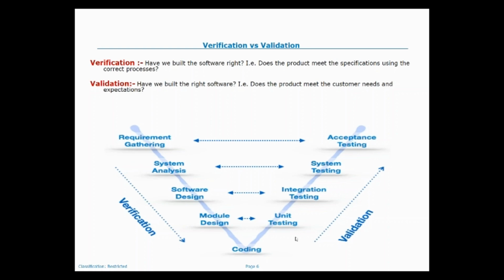Unit testing is an exception, because unit testing is done by the coder himself. But from integration testing, system testing and acceptance testing, the QA engineers will be involved. Okay, so this will be our main area of interaction, or the main area of our contribution towards the product, and which will actually ensure the product quality. Okay.